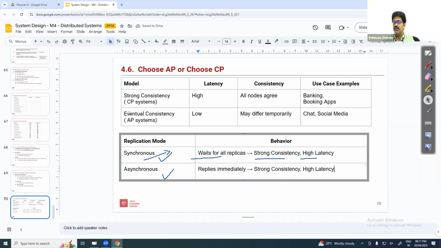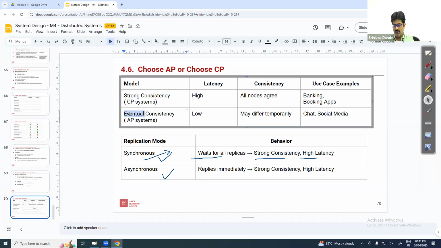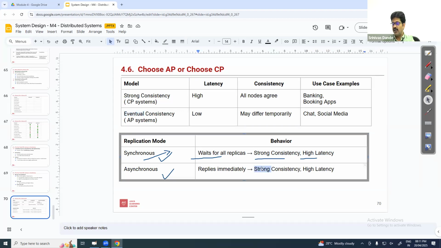What about consistency? Eventual consistency. Immediately responding means the latency is low.